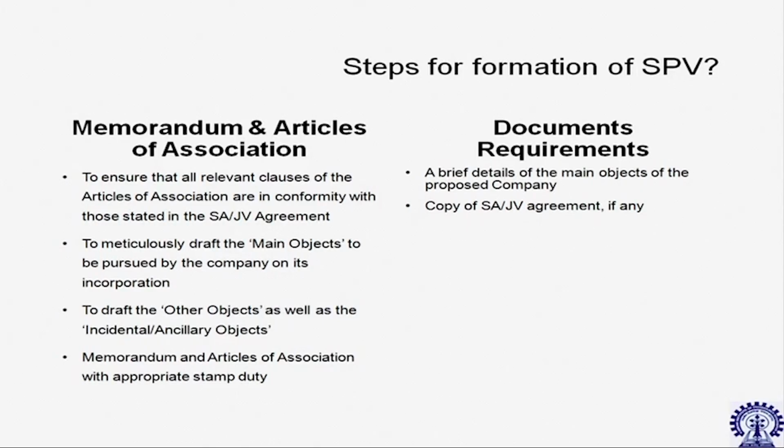The memorandum of association comprises information like registered office, name of the company, then the main objective, liability clause, then the subscription clause, all those things. At the same time, the articles of association comprise the information relating to how to manage the company. So, you need to detail out all these things.